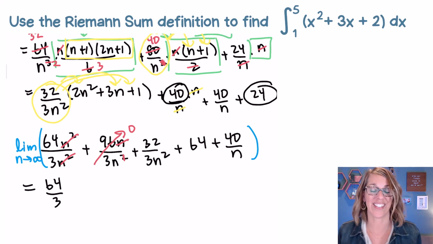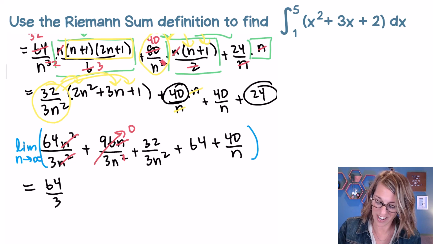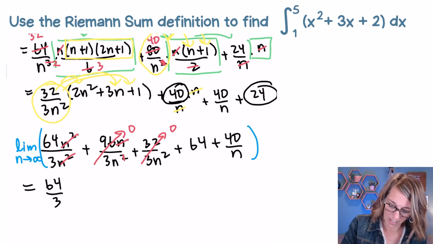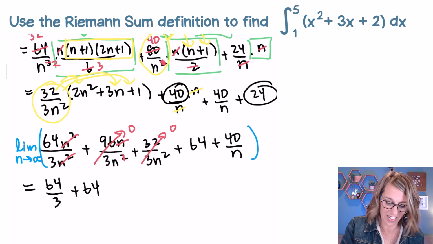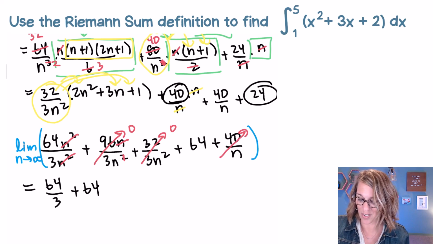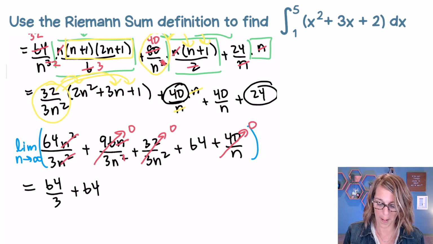Same is true of the next term. 1 over n goes to 0, so 1 over n squared certainly goes to 0 as well. I've got that plus 64, and then on the end there, as n goes to infinity, 40 over n also goes to 0.